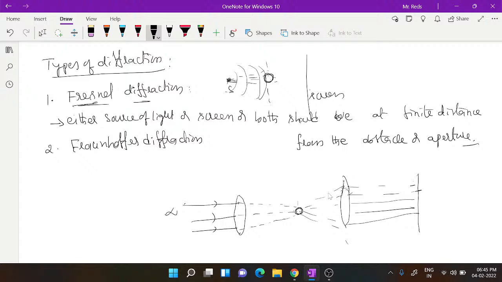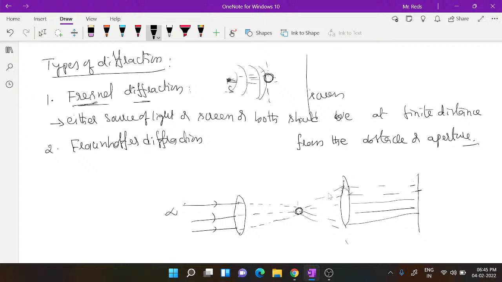Whereas in this case the source will be at infinity, so parallel light rays will come here. This is a different thing, but just for understanding purposes I have mentioned this. But usually we will discuss single slit diffraction.